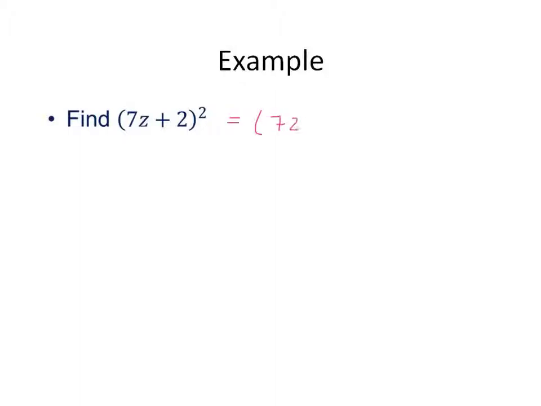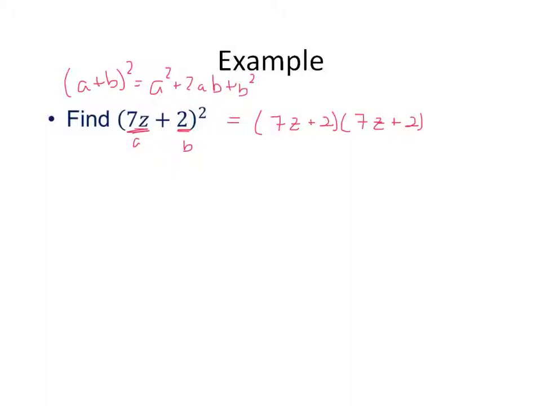If we need to recognize this is 7z plus 2 times 7z plus 2, and if you realize that, all you have to do is FOIL. But if you also realize that this is a plus b squared, this is a, this is b, and that's always going to give us a squared plus 2ab plus b squared.